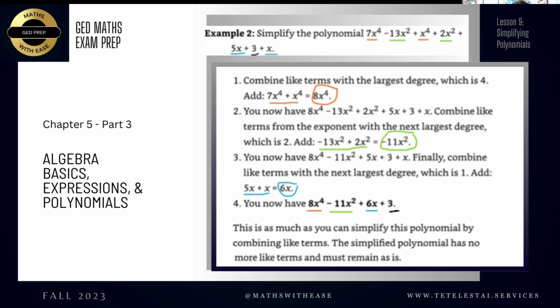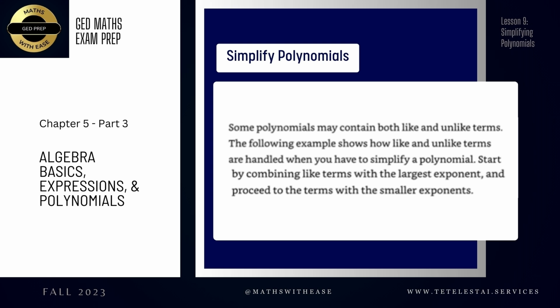This is what this note is trying to tell you, that sometimes polynomials may contain both like and unlike terms, and you simply want to make sure that you're grouping the like terms and leaving the unlike terms, such as a constant on its own, as they are, and expressing the entire thing in simplified form.